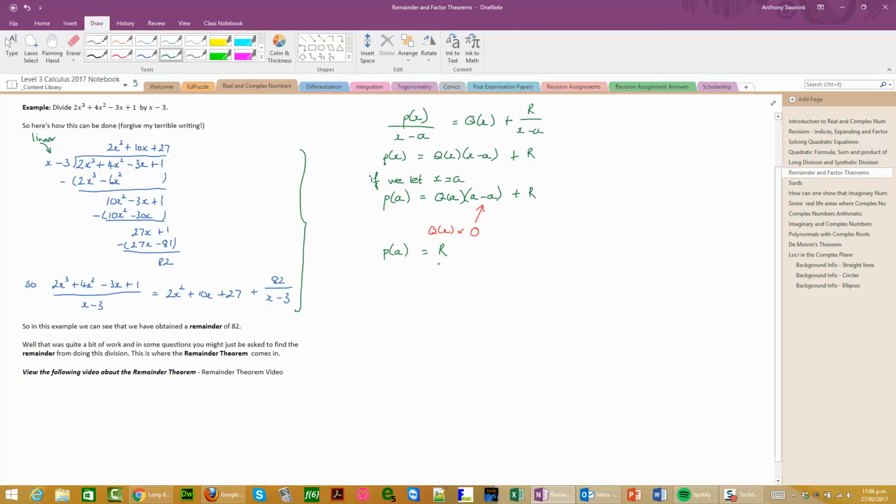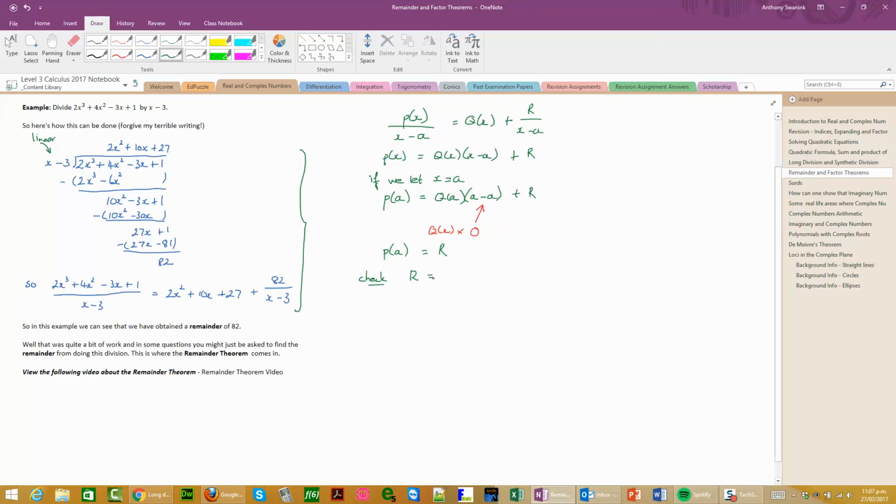Let's test that and see if it works in this case. It's not a proof, although this in fact is the proof of the remainder theorem.